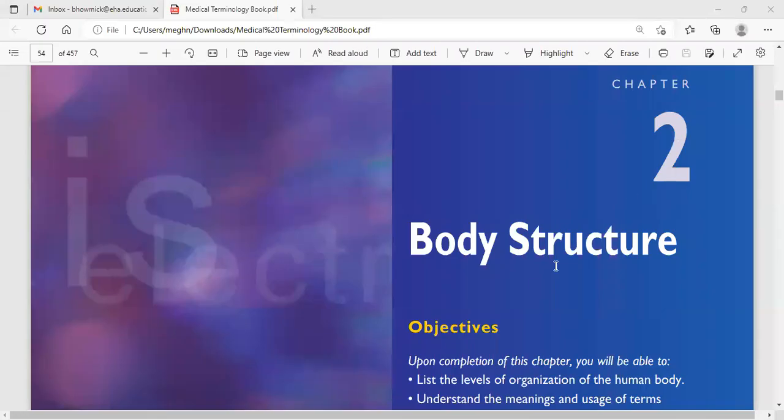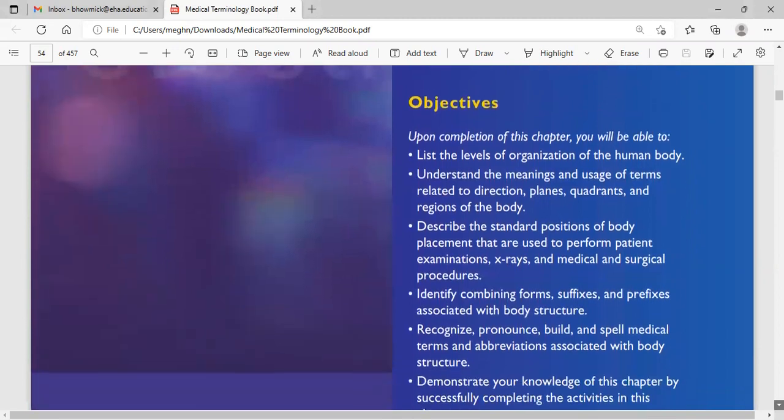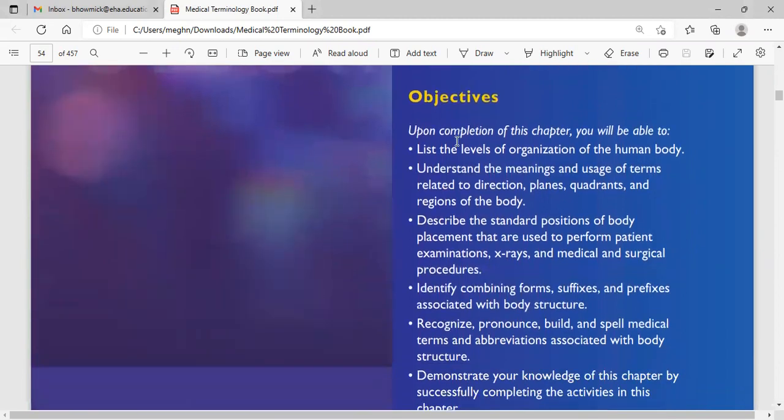So it is chapter 2, body structure, right? According to this book and chapter 2, the objectives say, upon completion of this chapter, you will be able to list the levels of organization of the human body, understand the meaning and uses of terms related to direction, planes, and quadrants, and also regions of the body.